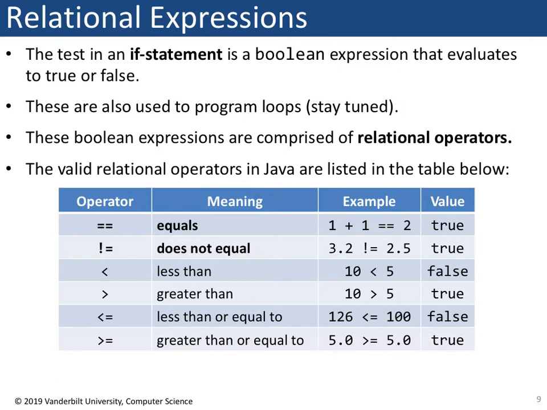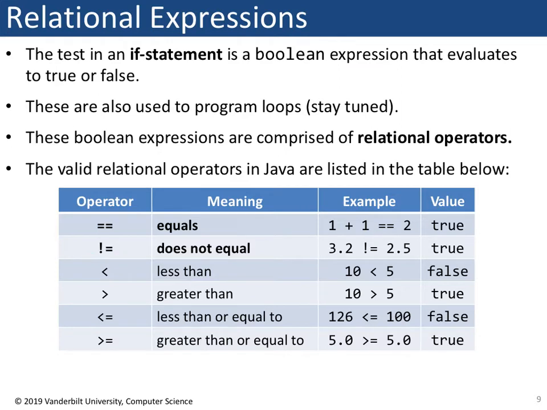The right expression is an integer literal of value 2. So yes, these two are equal, and this will yield a Boolean value of true. If you want to test the opposite, so if you want to test whether or not something is not equal, then we can use the exclamation mark equals. So often exclamation mark in programming languages represents the not operator. So this is not equal.